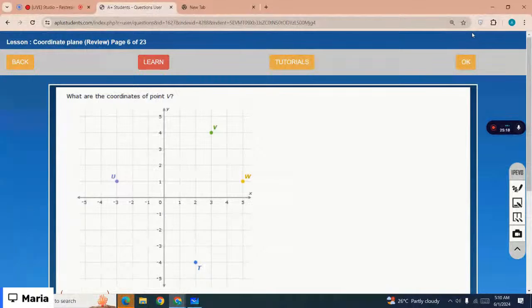What are the coordinates of point V? The correct option is 3 and 4.